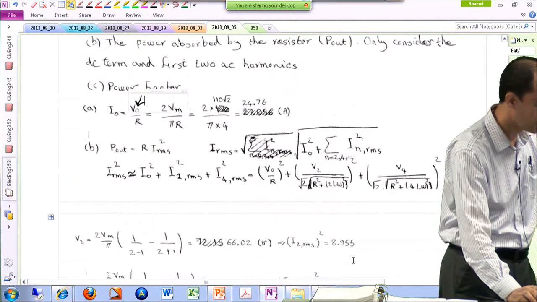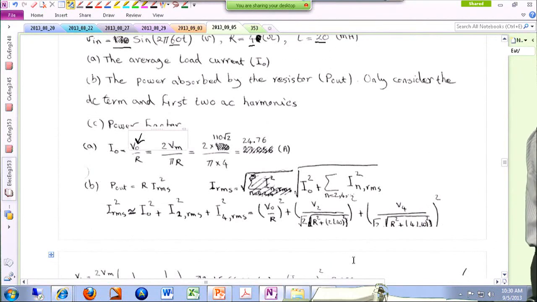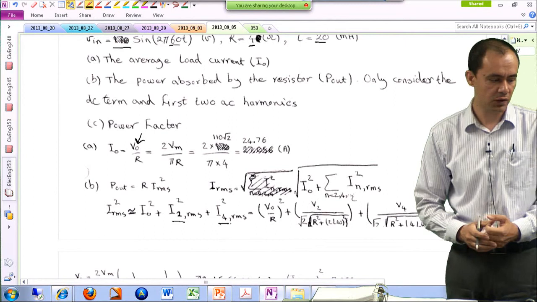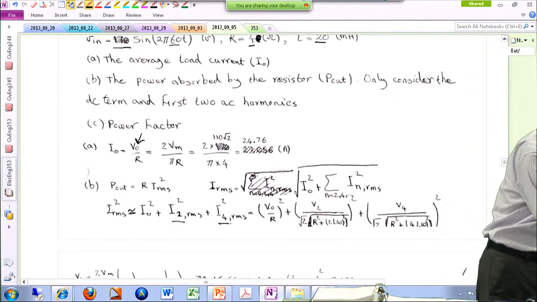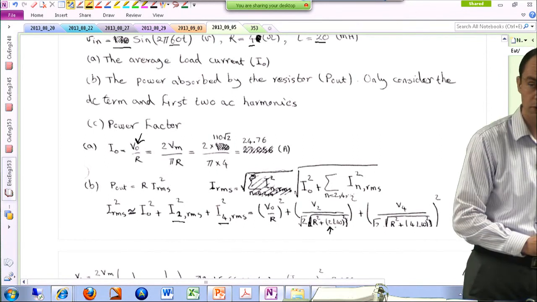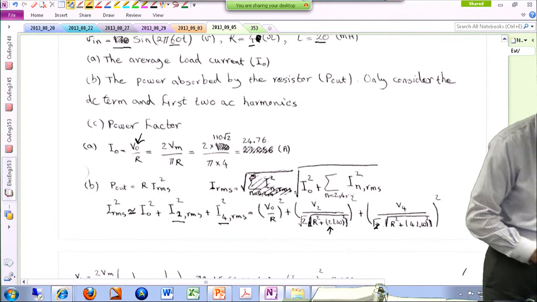And the other harmonics: I'm considering the second harmonic, and we have been asked to consider the fourth harmonic. So for the second harmonic, I have to consider the square root of R squared plus (2 L omega) squared. And for the fourth harmonic, it's the square root of R squared plus (4 L omega) squared.